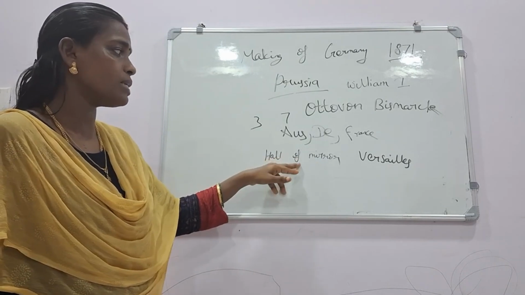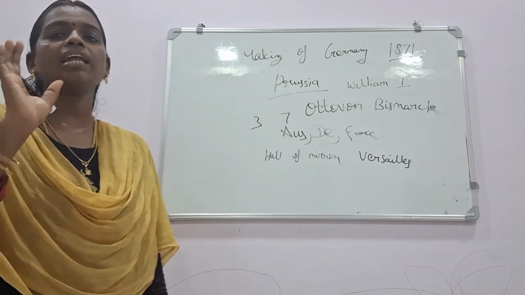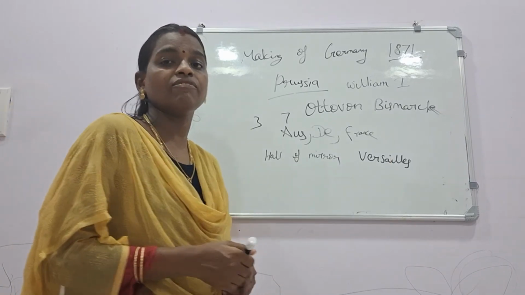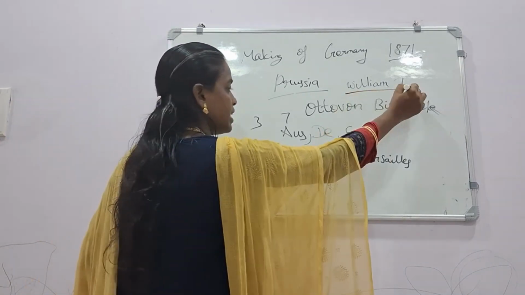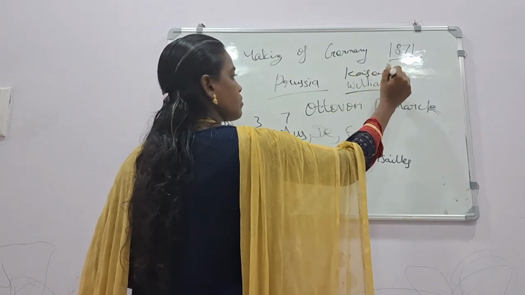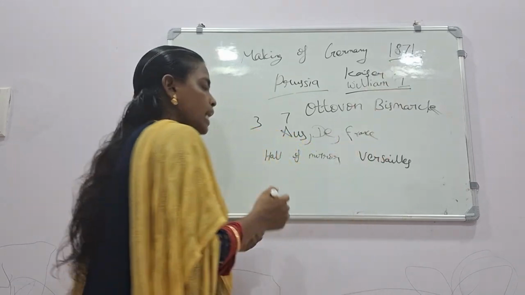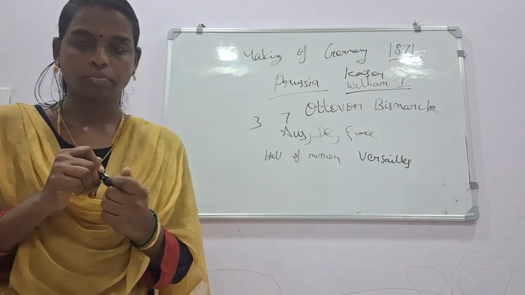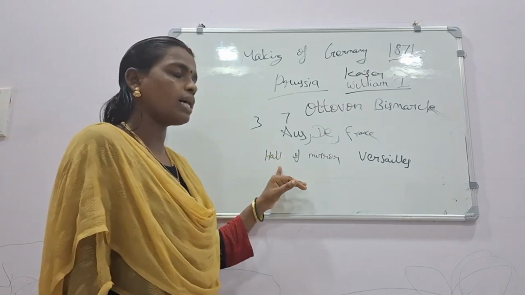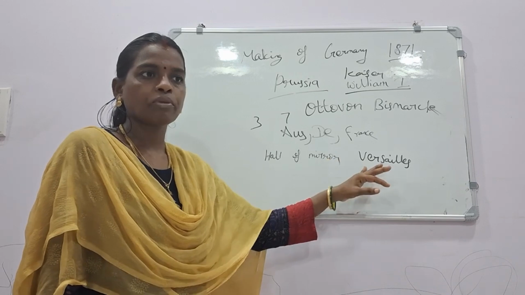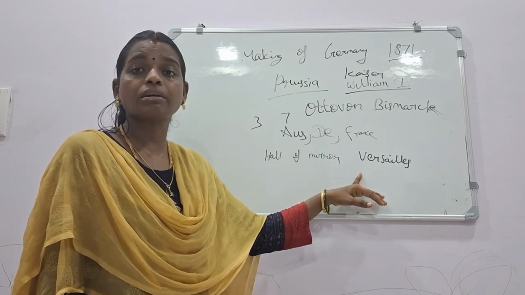There they selected Kaiser William I as the king of Germany. Have you got me? They assembled in the Hall of Mirrors at Versailles, where they proclaimed.